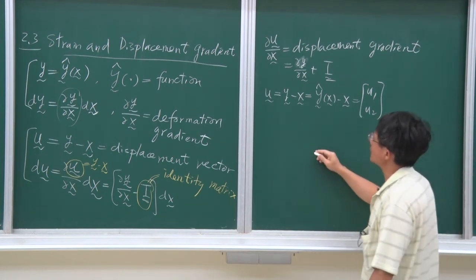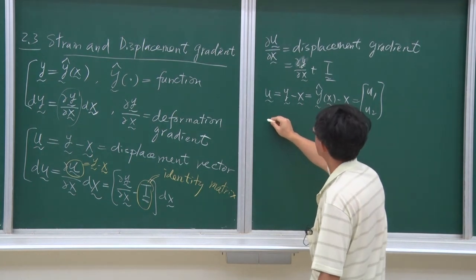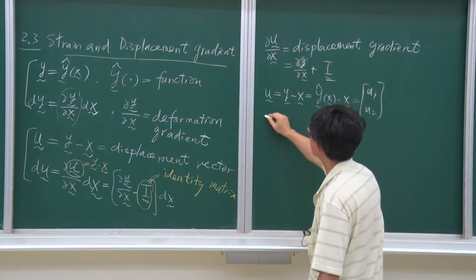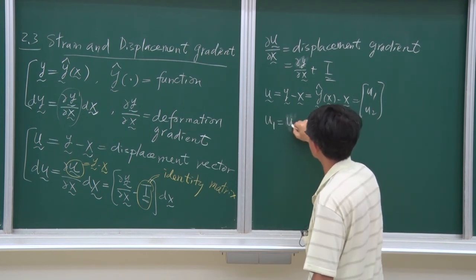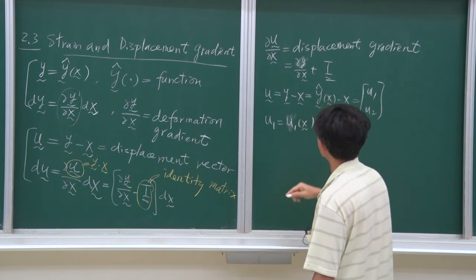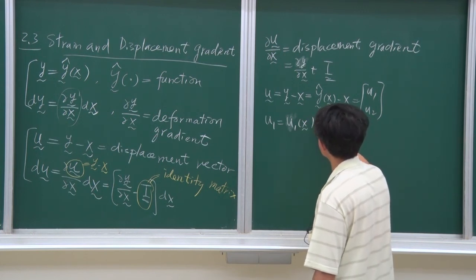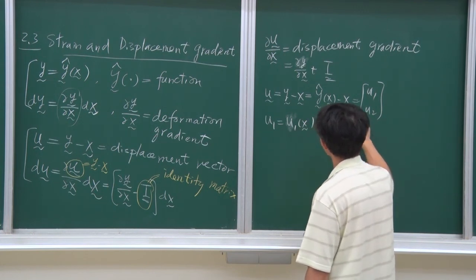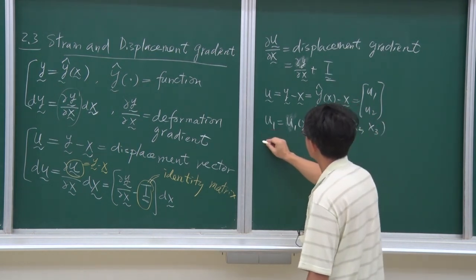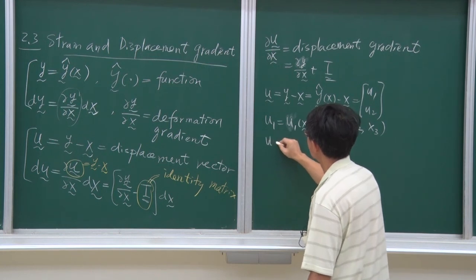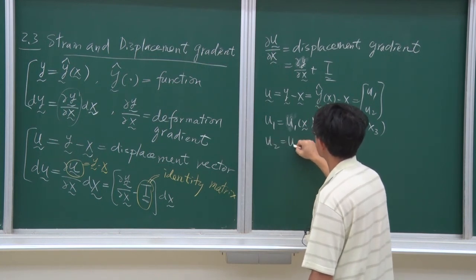Okay, in this way, we have u1 equal to u1 of x1, x2, x3, u2 equal to u2.